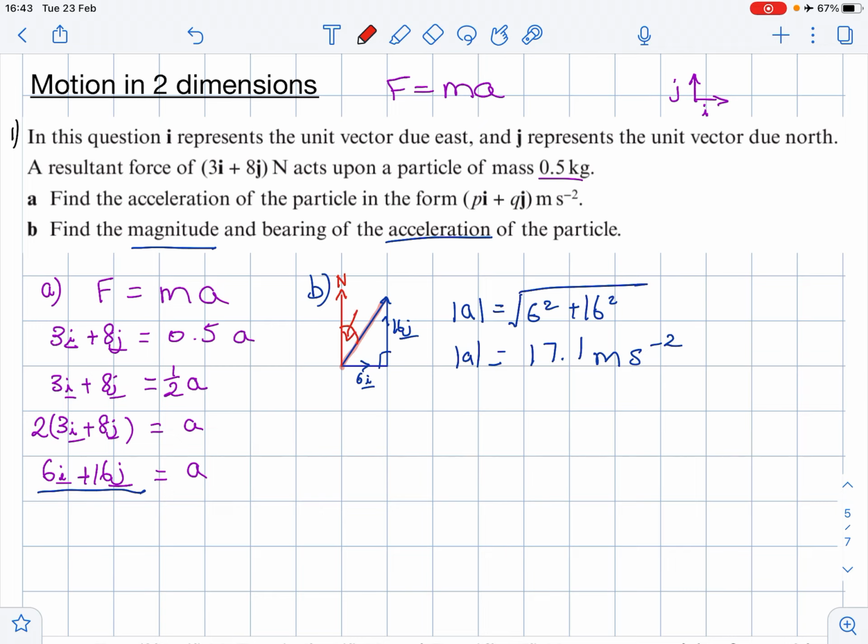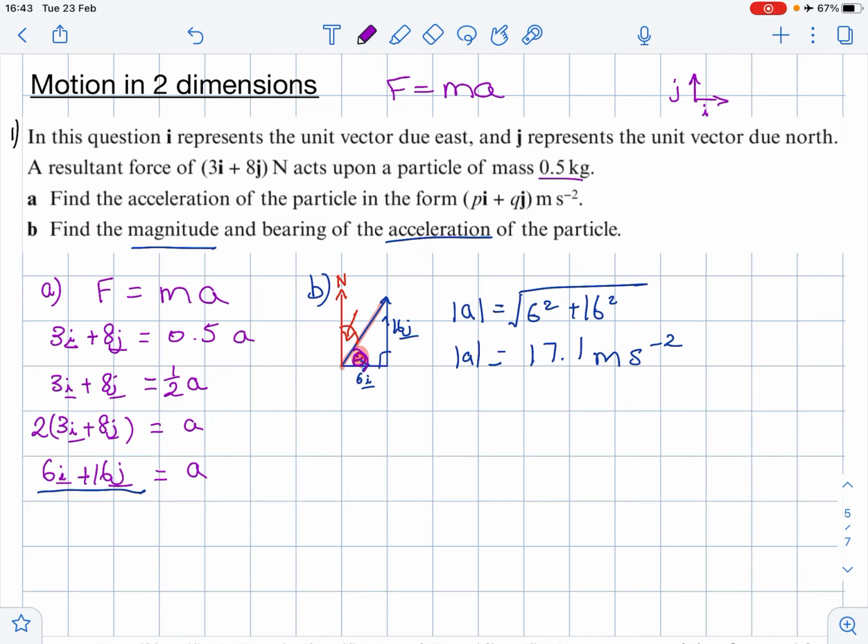As we can see, we can find this other angle first and subtract, because this is a right angle. So let's find theta first. Theta is this little part here.